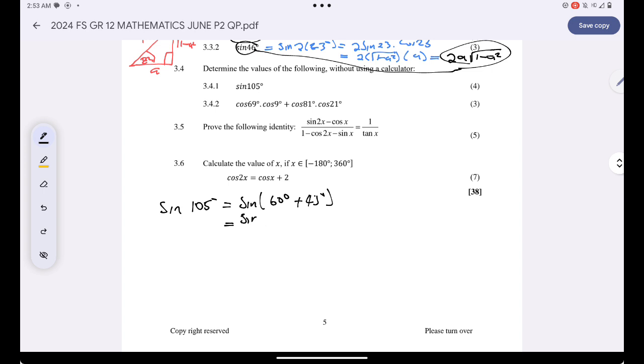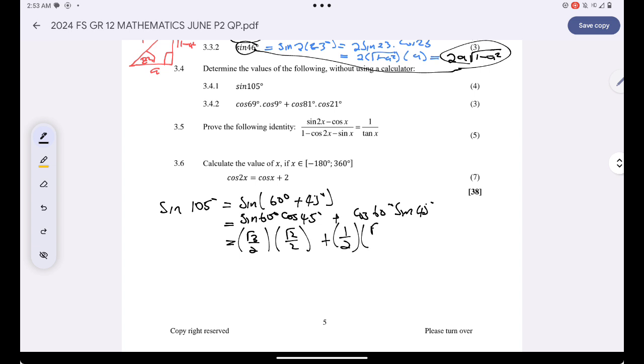This is a compound angle. You can simply say sine 60 multiplied by cos 45 plus cos 60 and sine 45. Sine 60 is root 3 over 2. Cos 45 is root 2 over 2. Cos 60 is half.